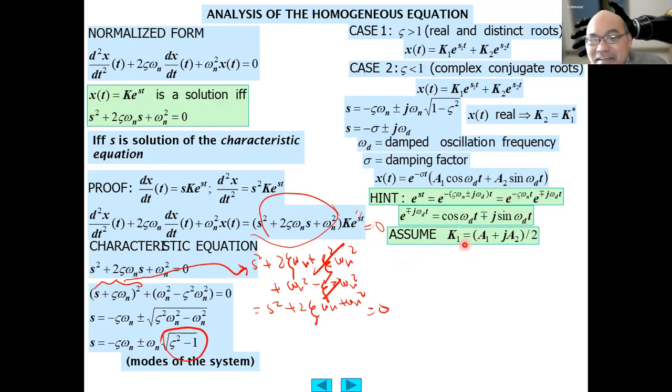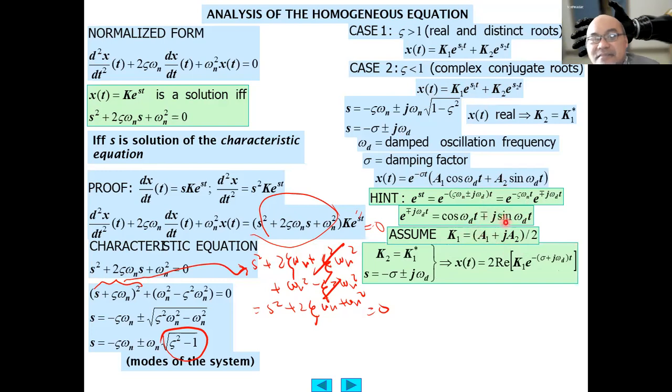Okay, assuming that K1 from this equation equals A1 plus j A2 divided by 2. It means since K2 here is the complex conjugate of K1, this is the sign of conjugation. And since s equals minus sigma plus minus j omega d, this is the root.